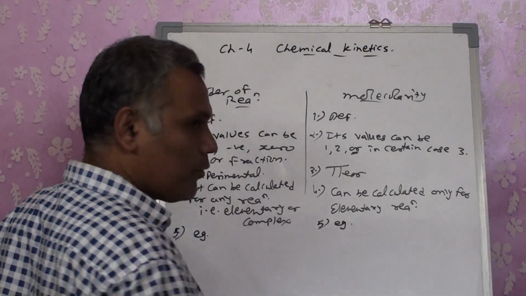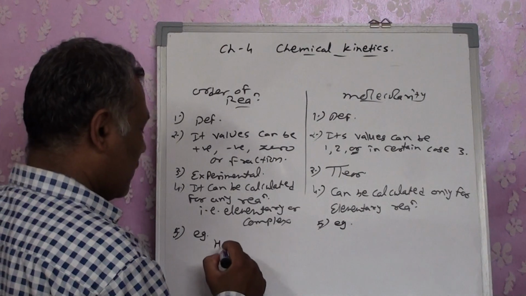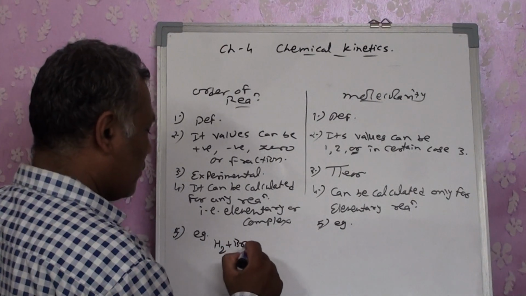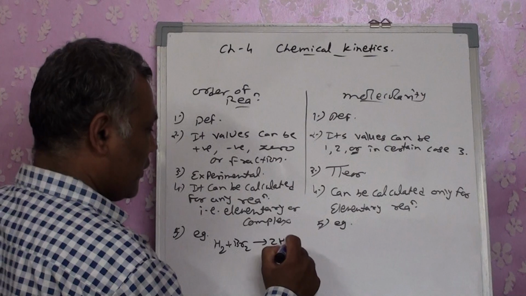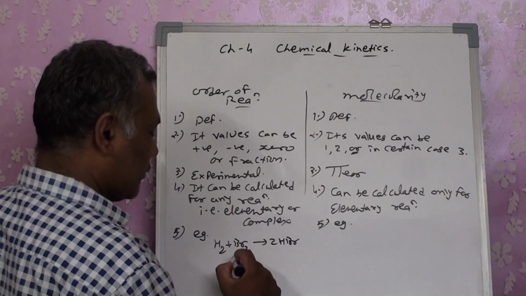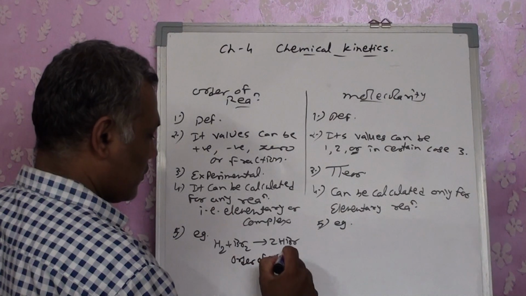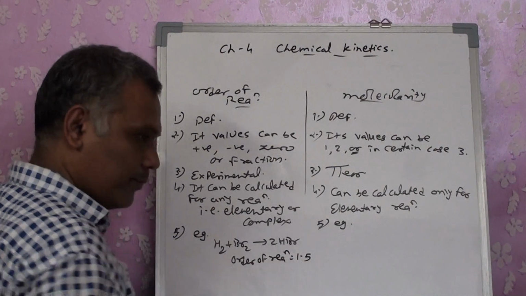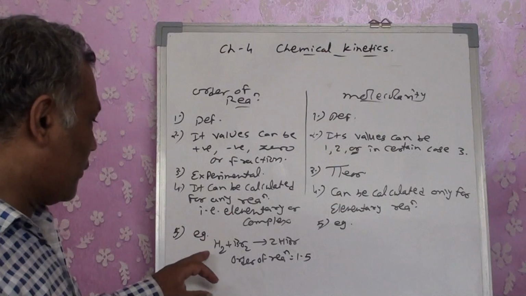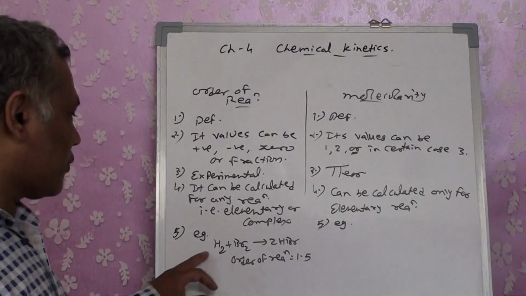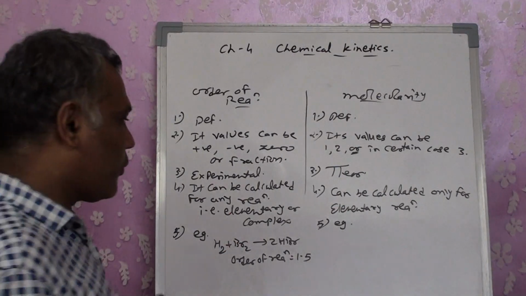The example I am taking and writing here is H2 plus Br2 giving 2HBr. Order of reaction is 1.5, because we know that this was 1 and this was half, so total 1.5.